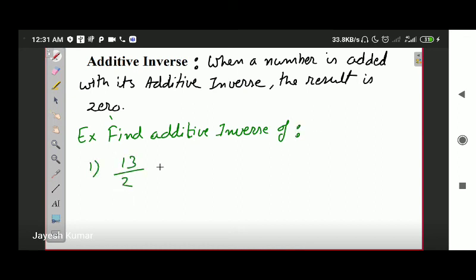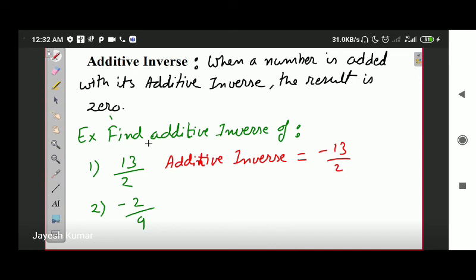So its additive inverse will be minus 13 upon 2. What I did was I simply changed the sign. Okay, in the second example, let's take a negative number, minus 2 upon 9. So its additive inverse will be plus 2 upon 9.